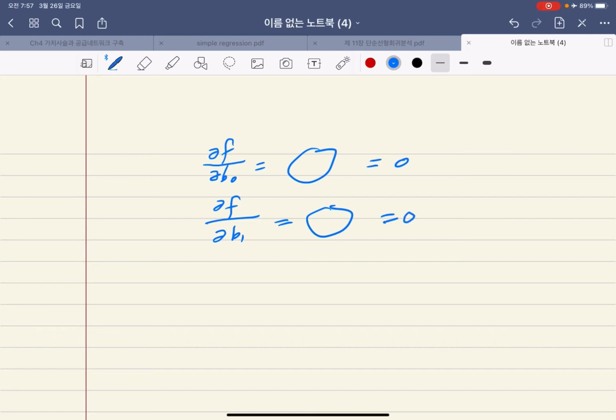And you have two equations here, and then you solve these two equations for b0 and b1. That's how we get the intercept and slope. I'm not going into the computation part of these things. This is the basic idea of getting b0 and b1.